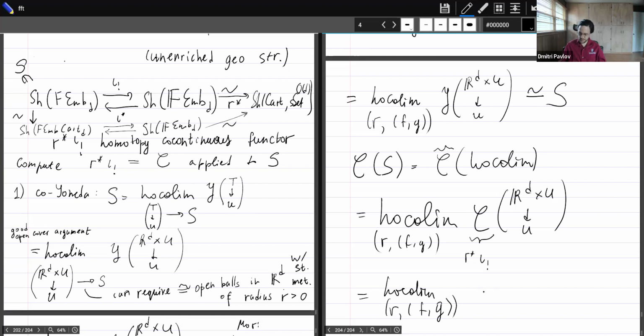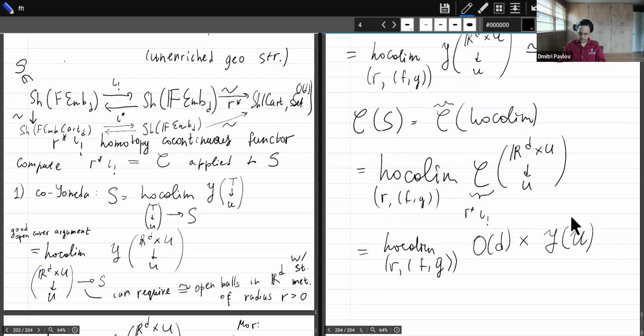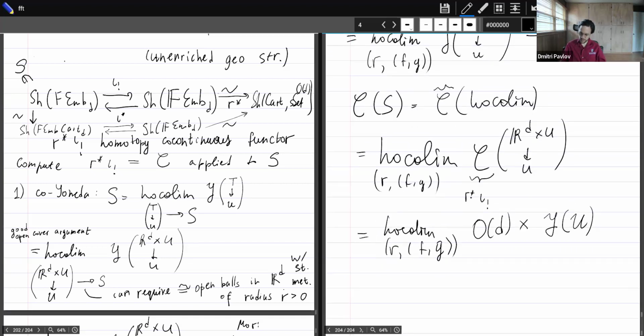So altogether, we see that we get this group OD times the representable presheaf of the Cartesian space U, because that's what R star of this representable is, right?